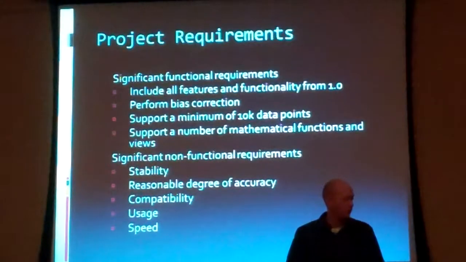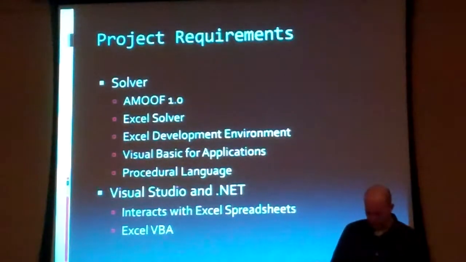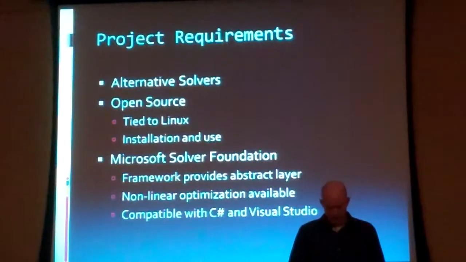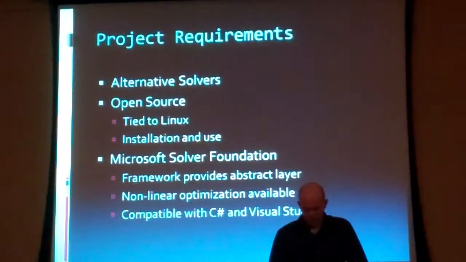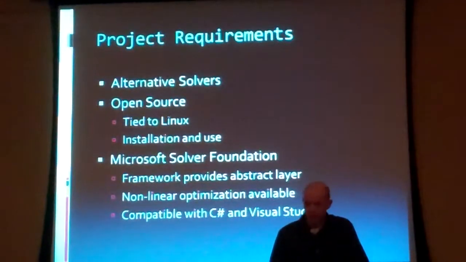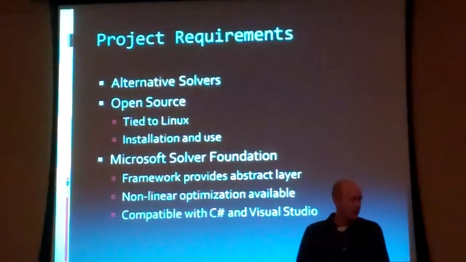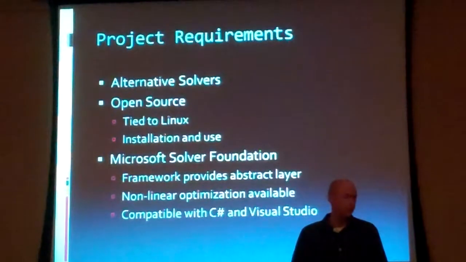We wanted a more object-oriented design, and we wanted to use Visual Studio and C#. The problem is that Visual C# can access Excel spreadsheets through the Excel object model, but it can't directly access the VBA code that was developed within Excel. When we researched it before, we also couldn't find a way to control the solver.